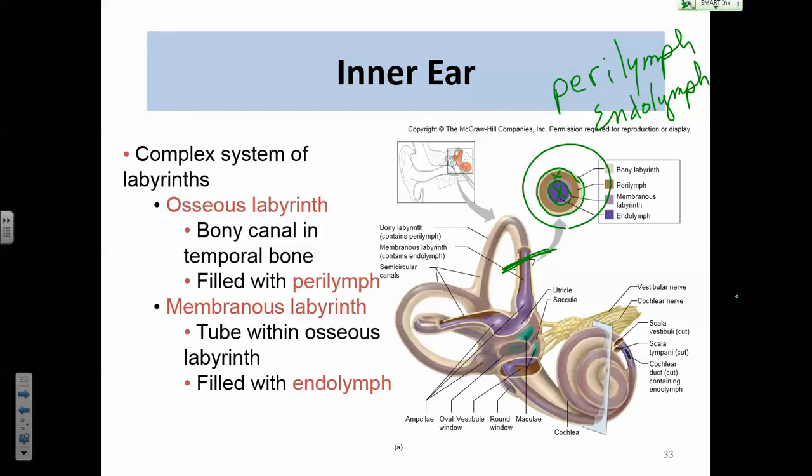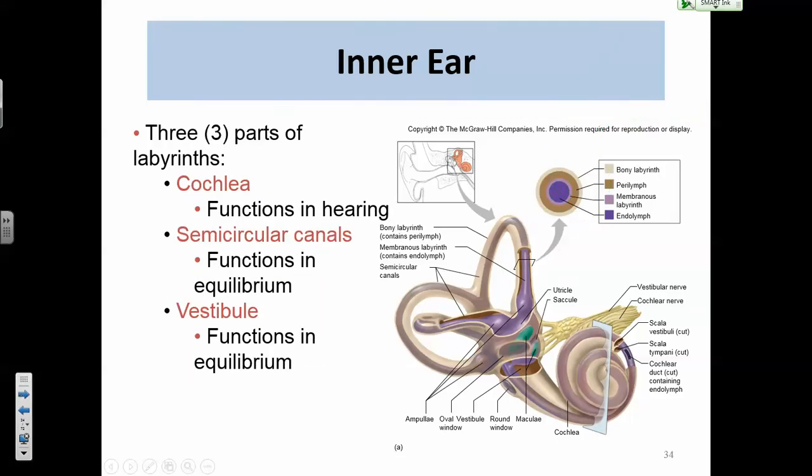All right, then if you look at the different areas of the inner ear, there's three parts. There's the semicircular canals, the vestibule, and the cochlea, which you can see here. The most noticeable thing initially is probably the semicircular canals, but there's one, there's one, there's one.